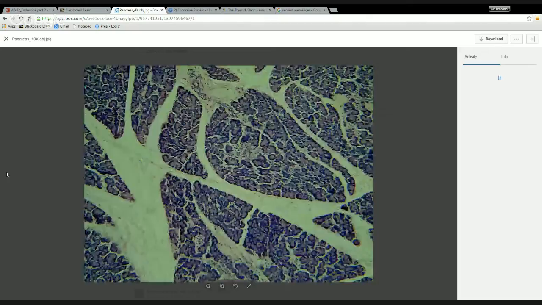Okay, so here's a 10x. Here's that islet. And now we can see a little bit more detail. There are nuclei visible in the islet, and there are nuclei visible kind of in the darker area too. The nuclei in the darker area are kind of visible because it's such a dark area. At this level, we can't really see the nuclei, but they're there. Kind of like with the anterior pituitary gland. Okay.